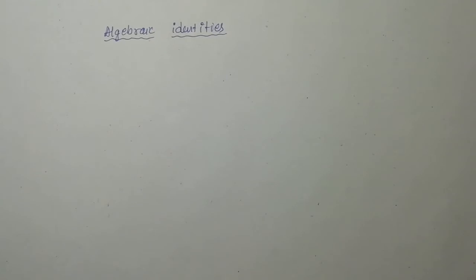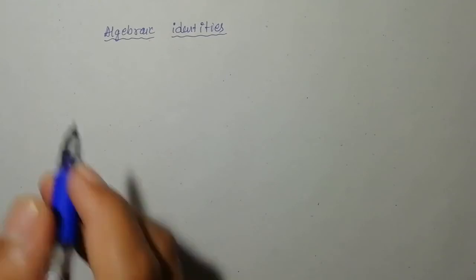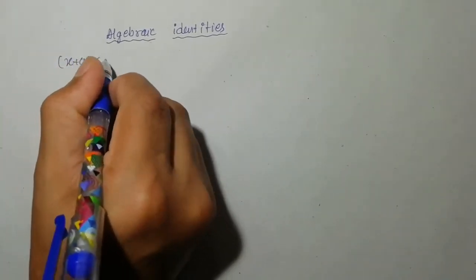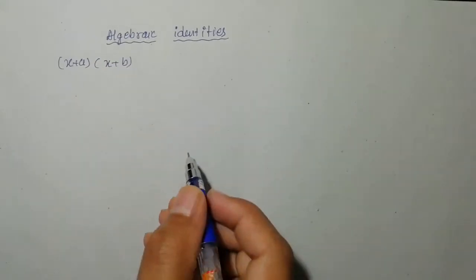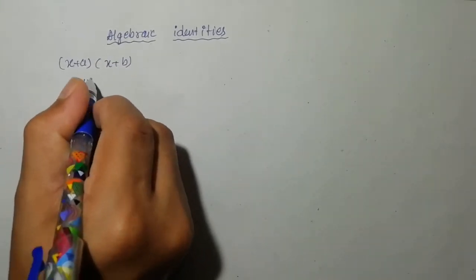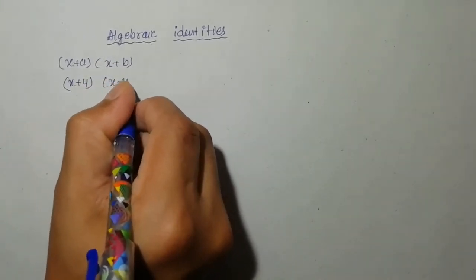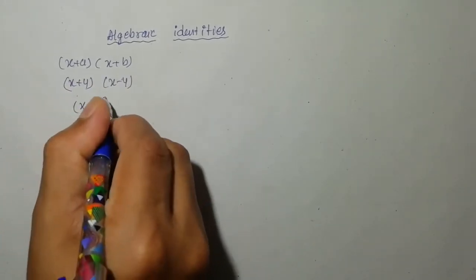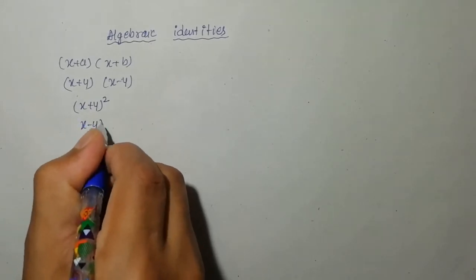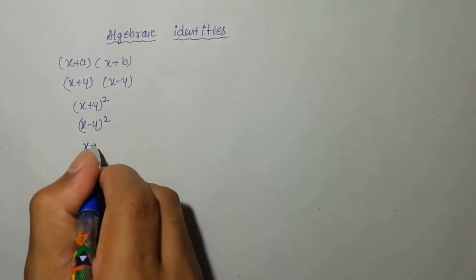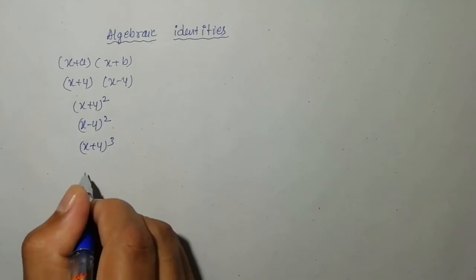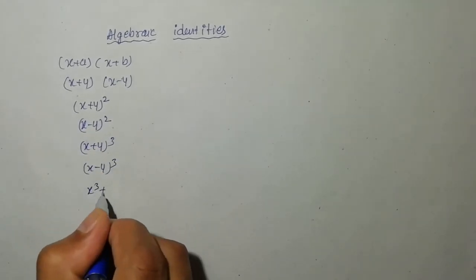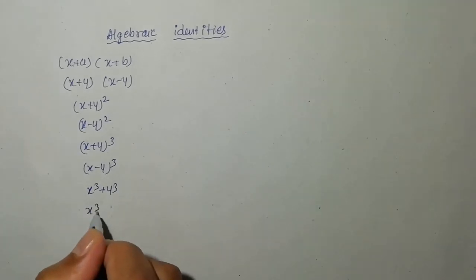I think I have already listed all the identities, and all the problems are based on the identities only. x plus a into x plus b, x plus y into x minus y, x plus y whole square, x minus y whole square, x plus y whole cube, x minus y whole cube, x cube plus y cube, and x cube minus y cube.